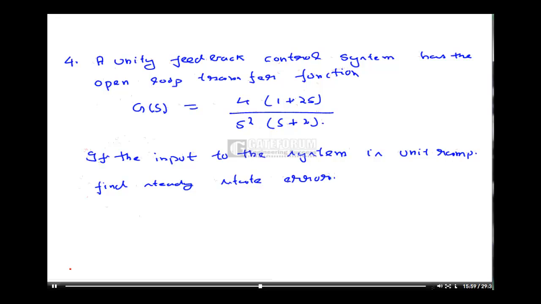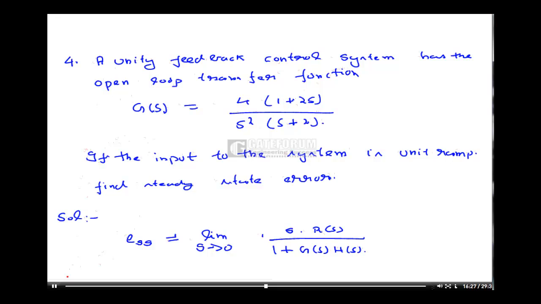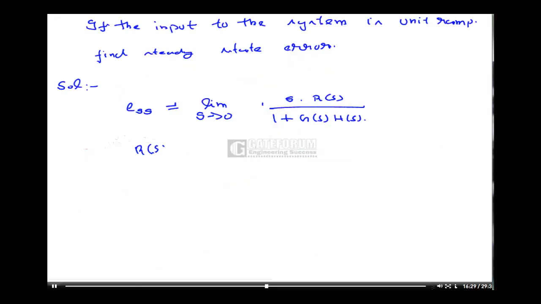Okay, simple. Now what we can do in this? Error steady state is equal to limit s tending to 0 of s into R(s) upon 1 plus G(s) into H(s). So R(s) here is equal to 1 by s square, which is the Laplace transform of unit ramp. H(s) is equal to 1.